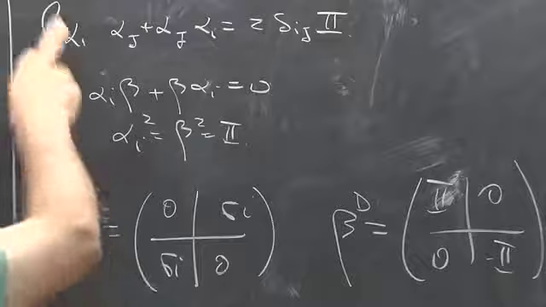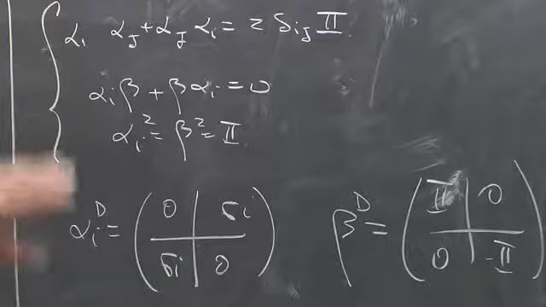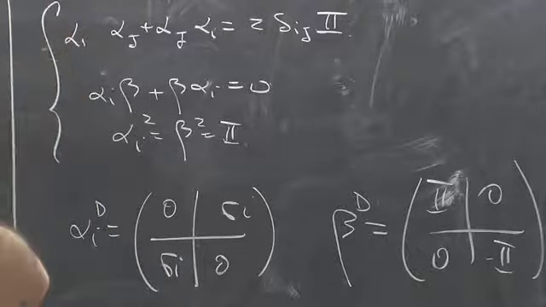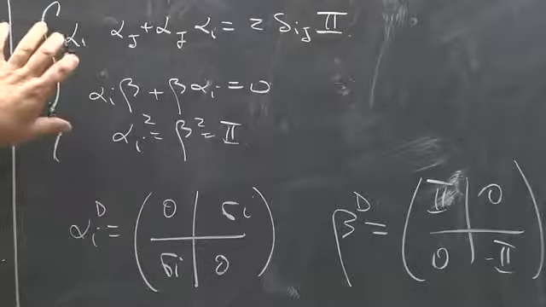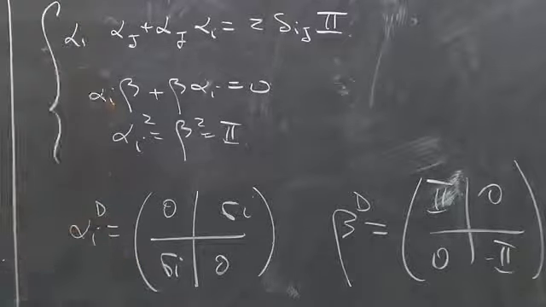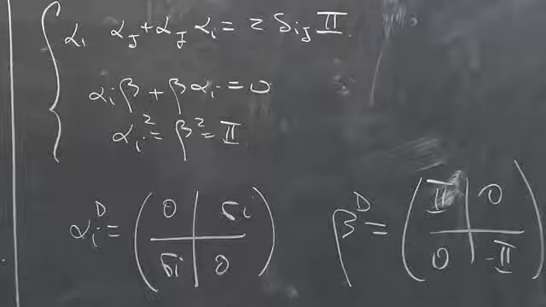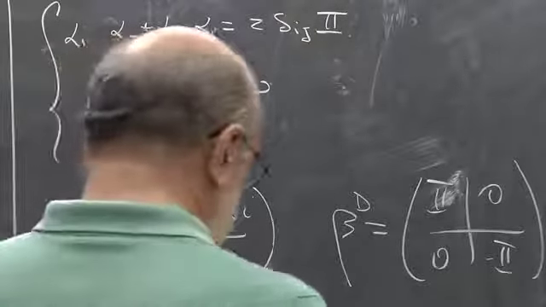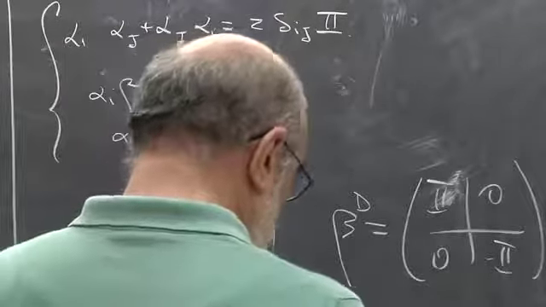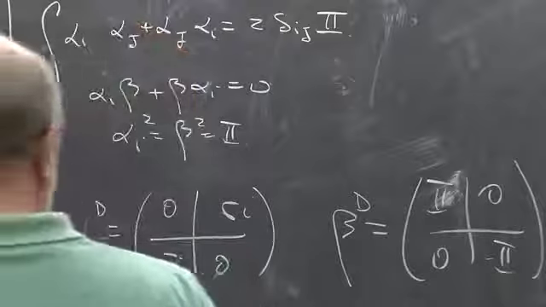That means matrices that satisfy those relations, because these algebraic relations are the only important thing, not the realization. This is a particular realization that satisfies this, but there can be different realizations that satisfy this. In fact, Weyl, a mathematical physicist, realized that there was another realization.